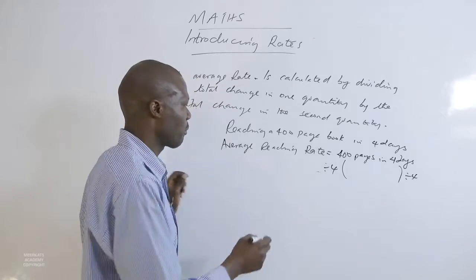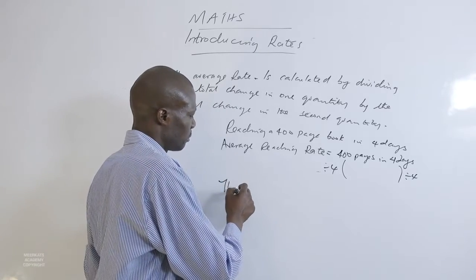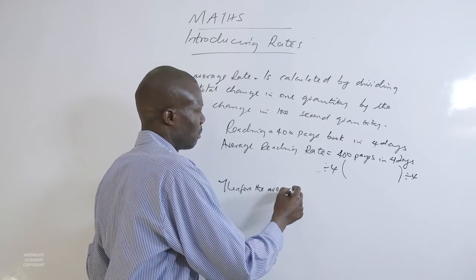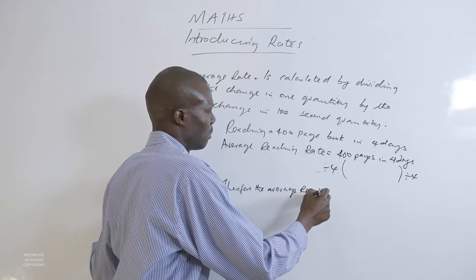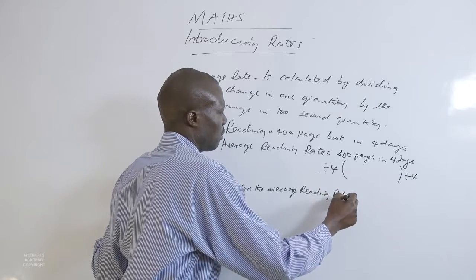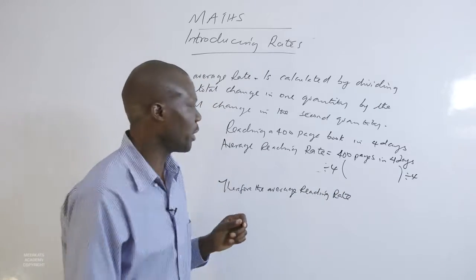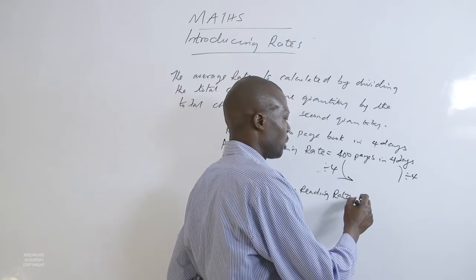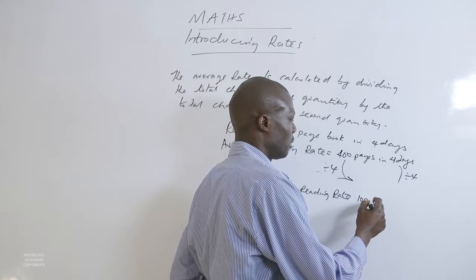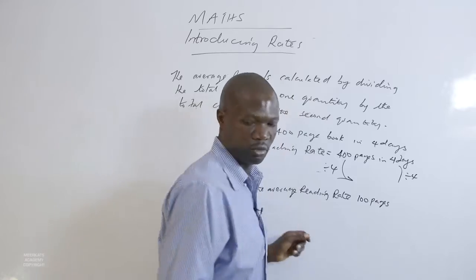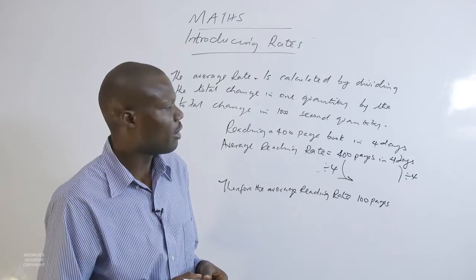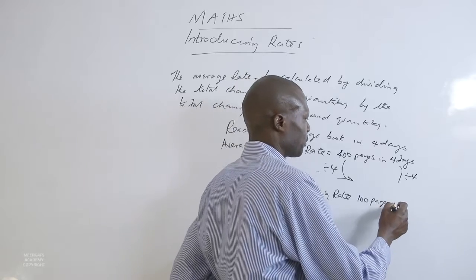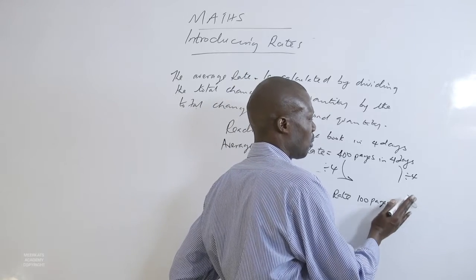And if you do that, then we find that the average reading rate becomes 400 divided by 4, which is 100 pages. And then 4 days divided by 4 is 1 day.